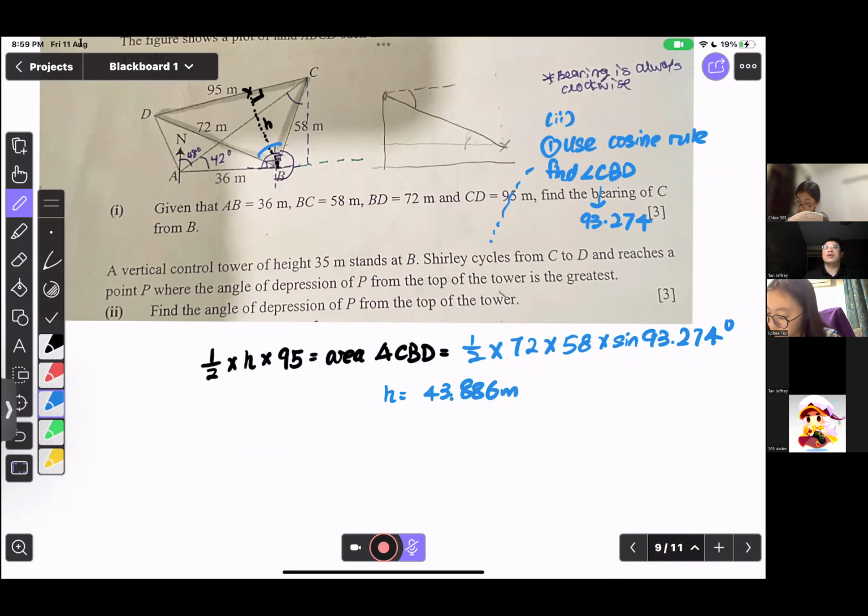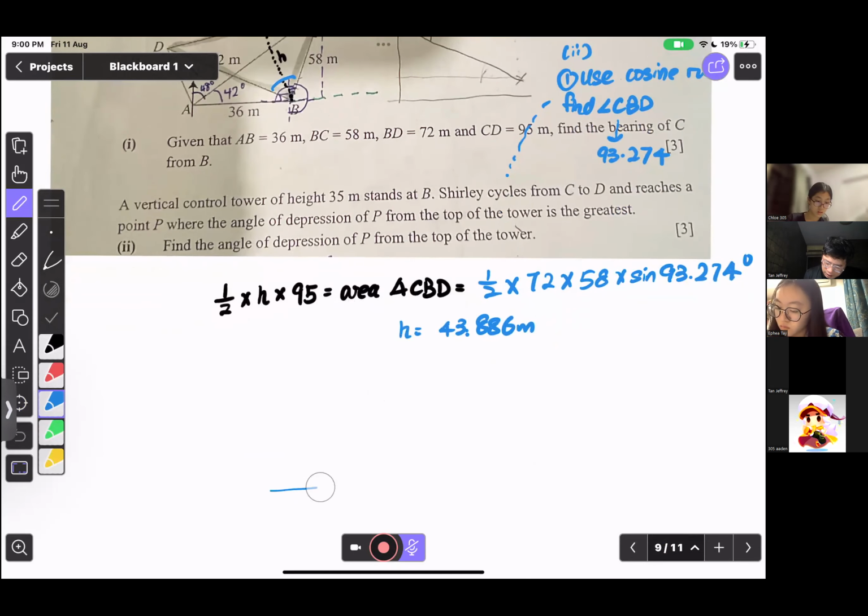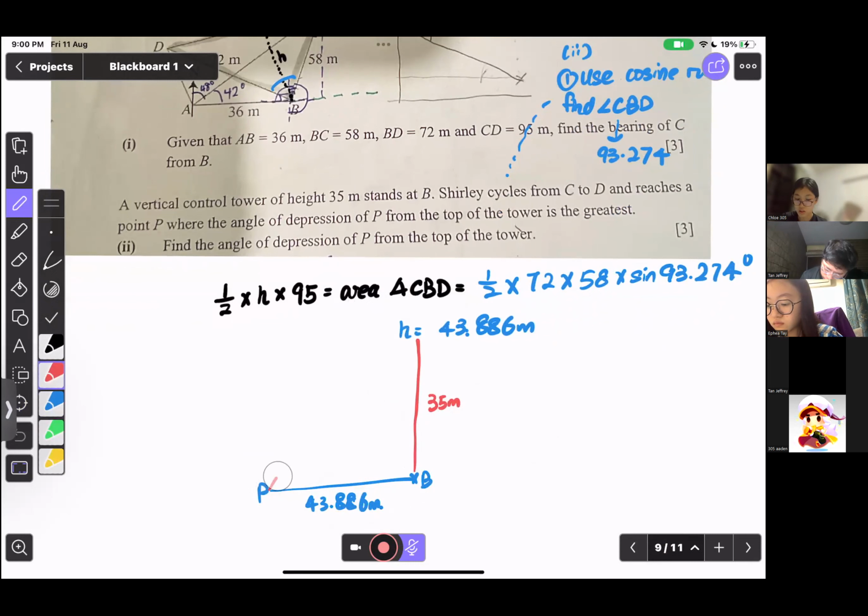You do it, okay? So from here, this BP is 43.886 meter. At point B, there is a tower which is 35 meter tall. This is the angle of depression of P from the top of the tower.